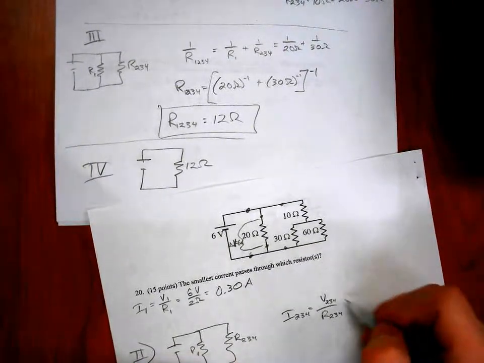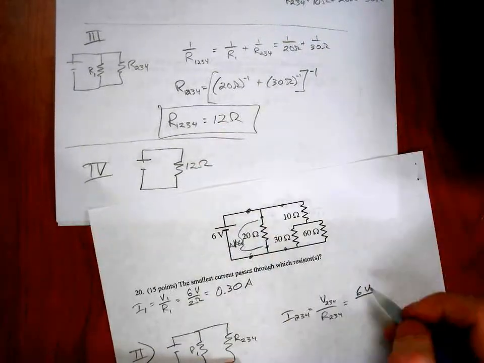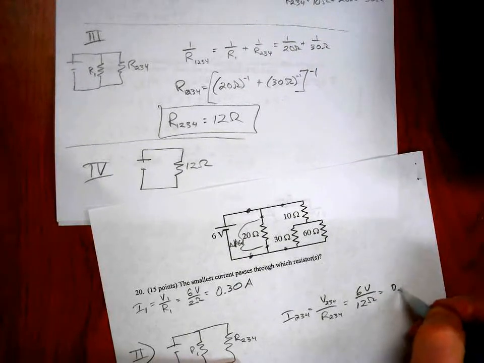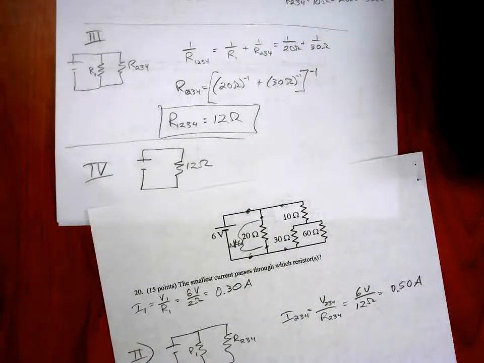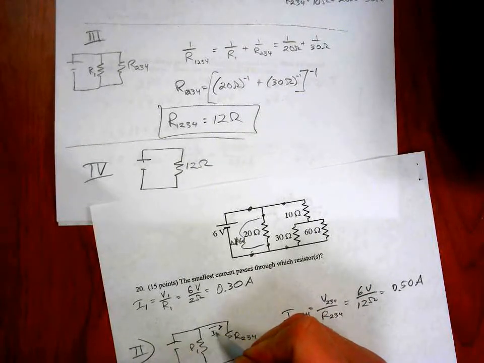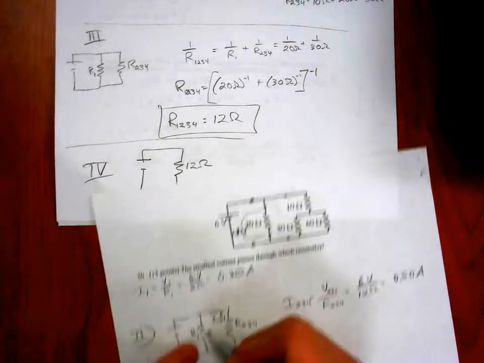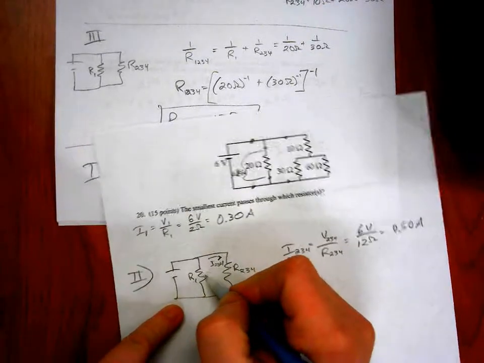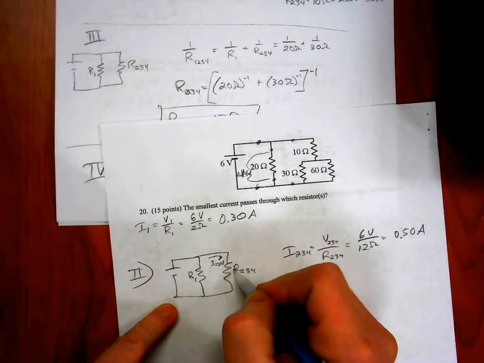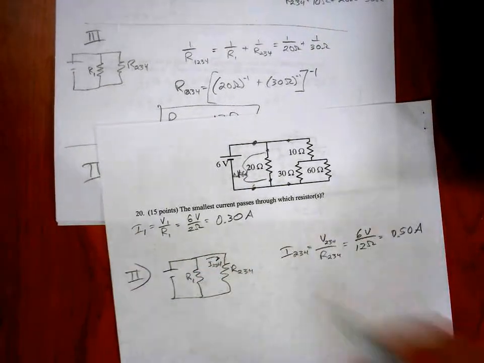So that is equal to the 6-volt drop over the 234 resistor, which is 12 ohms, which equals 0.50 amps. Okay, so we see now that there is a little bit higher current into this side, which makes sense because we said that the highest voltage drop is across this resistor. That's because this is larger than all of these resistors combined. So that means the current has to be greater through here.